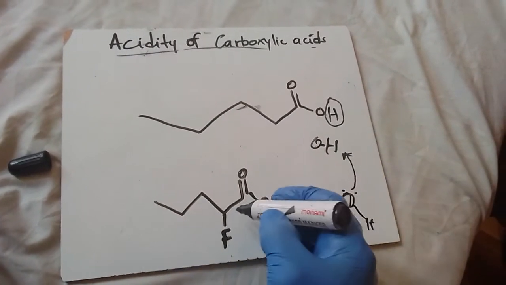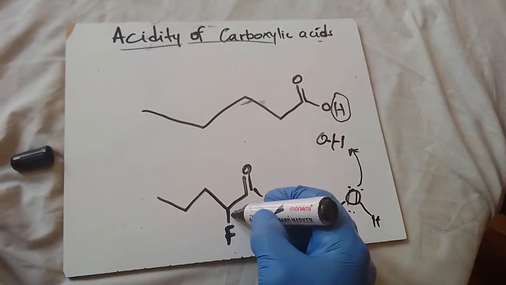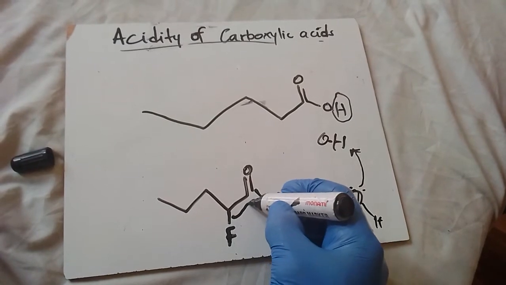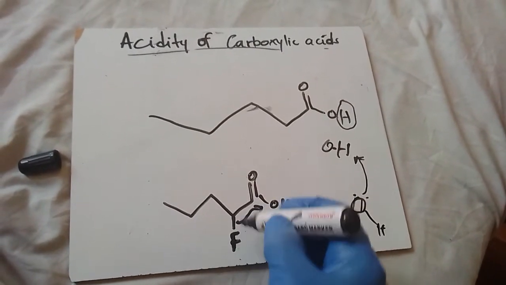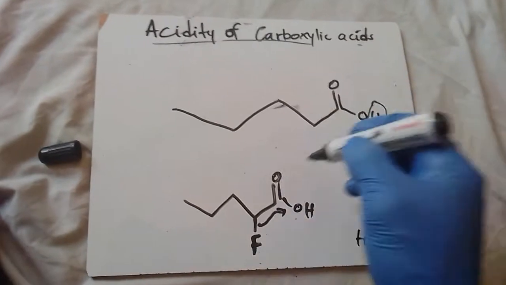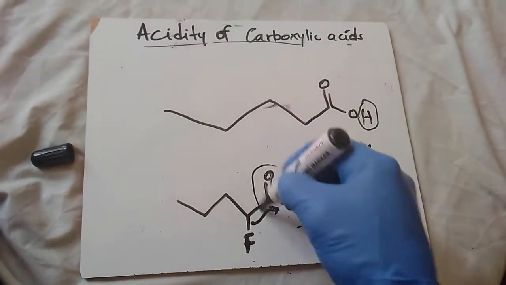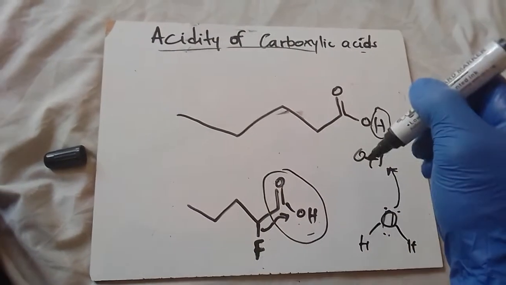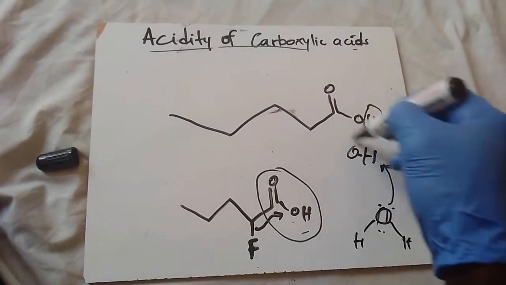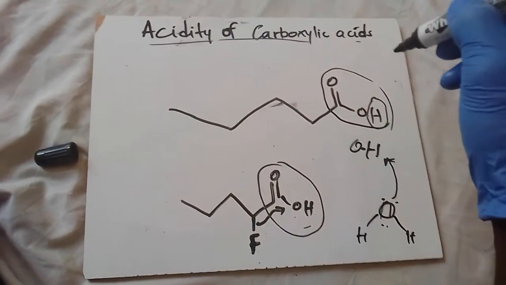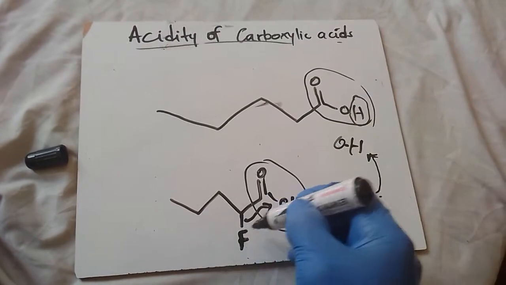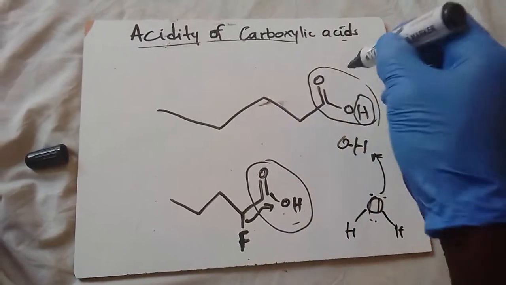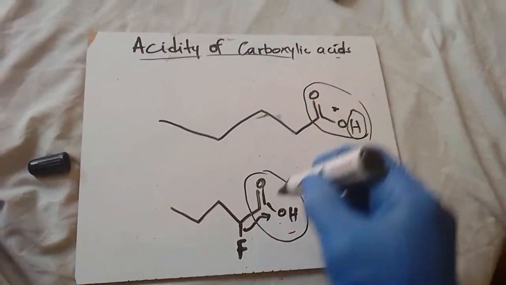Now, because of the pull exerted on this environment by this fluorine, the electron density at this area is going to be less as compared to this side.